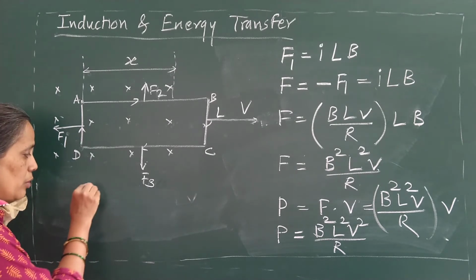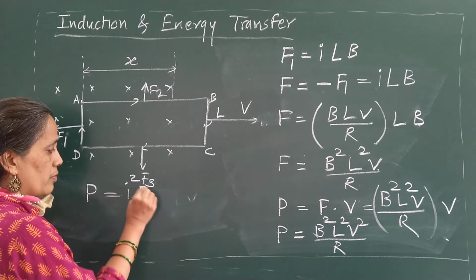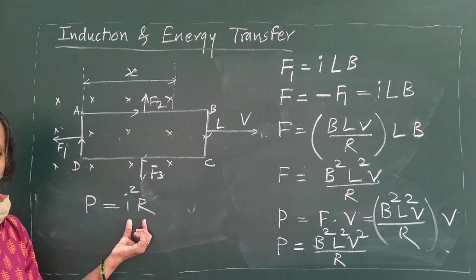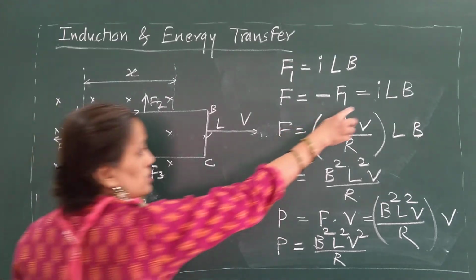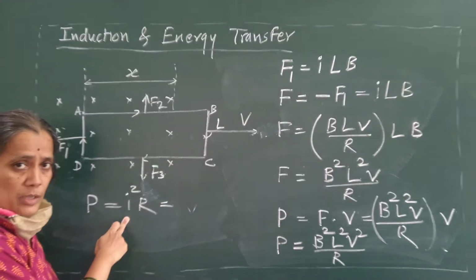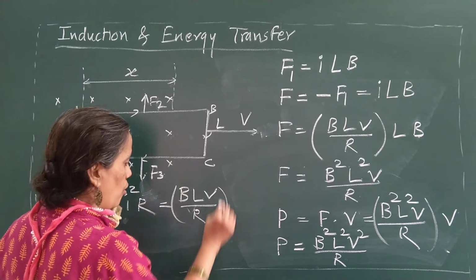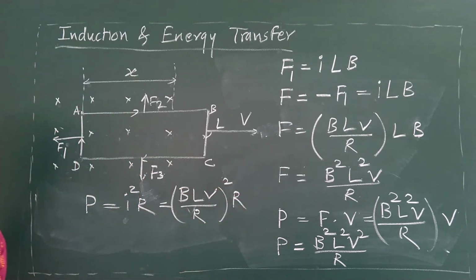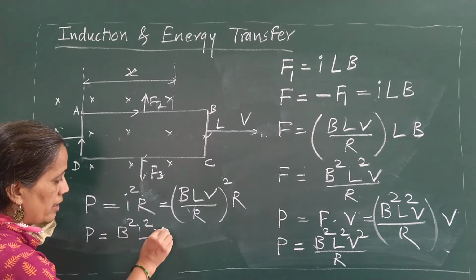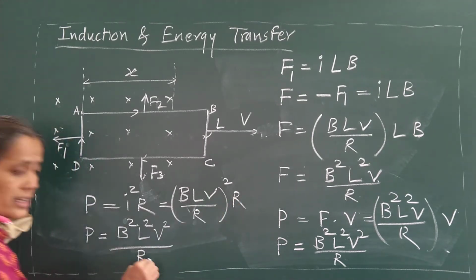So due to that heating effect, the electric power is equal to I square into R. I is nothing but the induced current, which we have already seen: I is equal to BLV upon R. So I can substitute that induced current value here: BLV upon R, squared, multiplied by R. So power is equal to B square L square V square upon R square, multiplied by R, so one of the R will get cancelled.